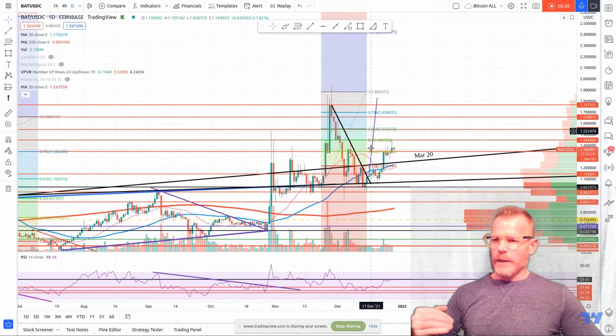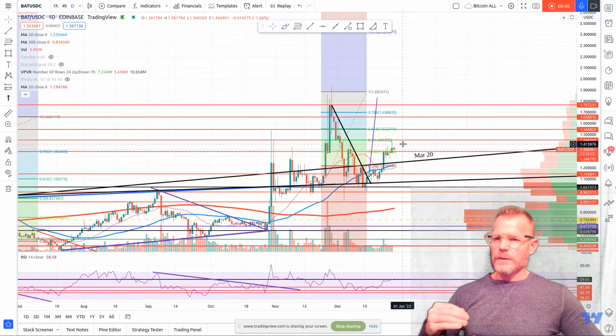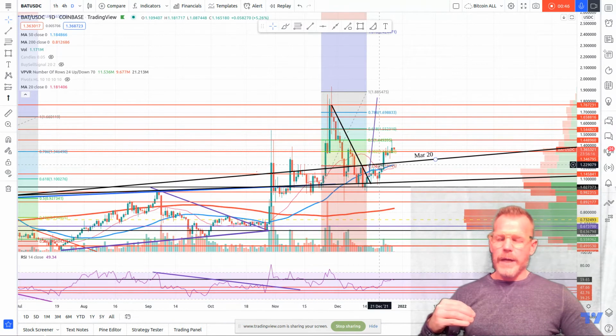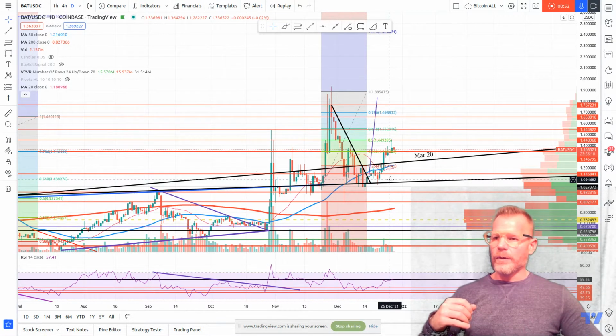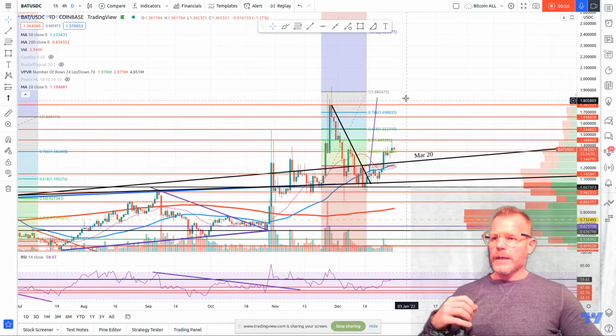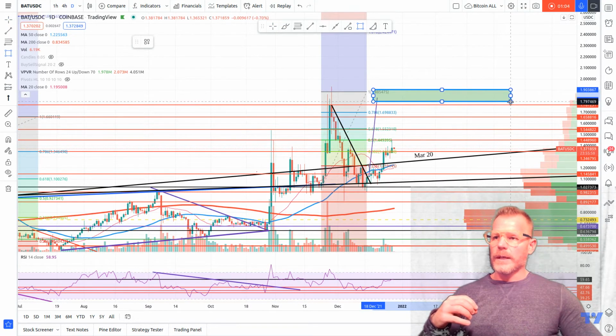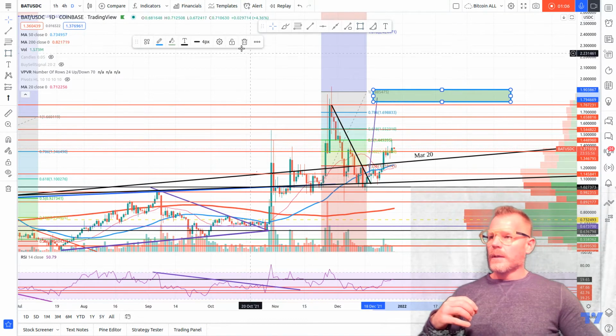First, once you've got your levels drawn out, like I do on this chart, you want to make sure that from the point in which you enter the trade, let's say you entered here on Basic Attention Token at 136, and to your final target, let's say our final target is up here. In fact, let me just go ahead and draw a rectangle because I do think that's where we're headed, somewhere up in this area.